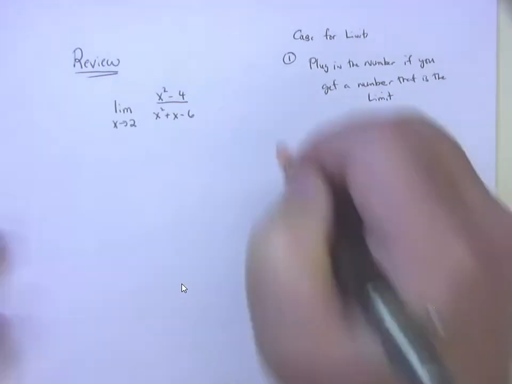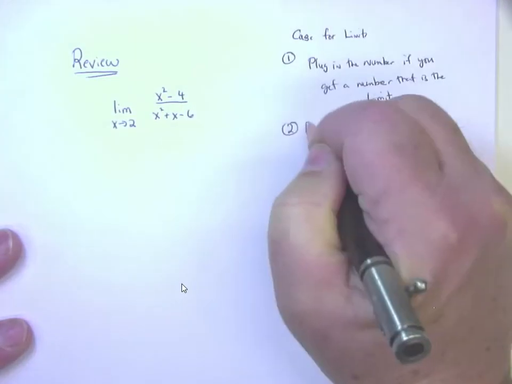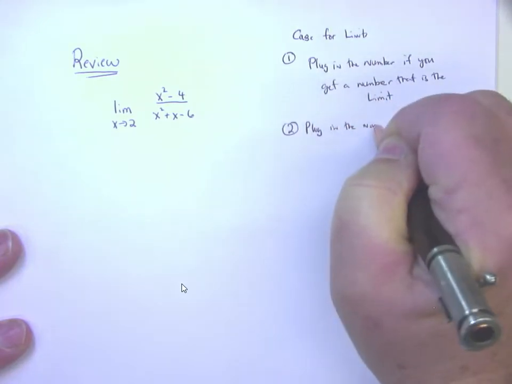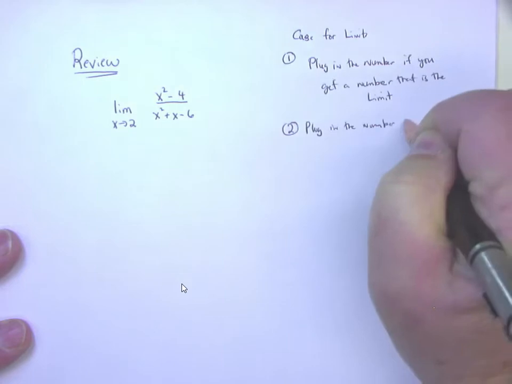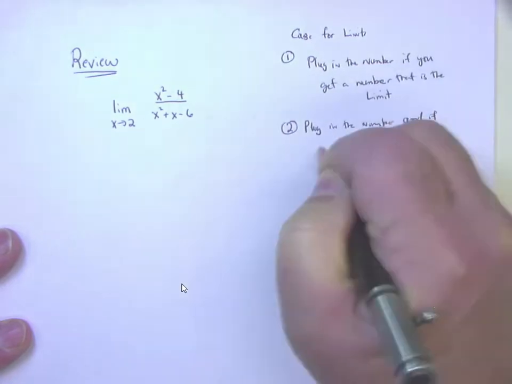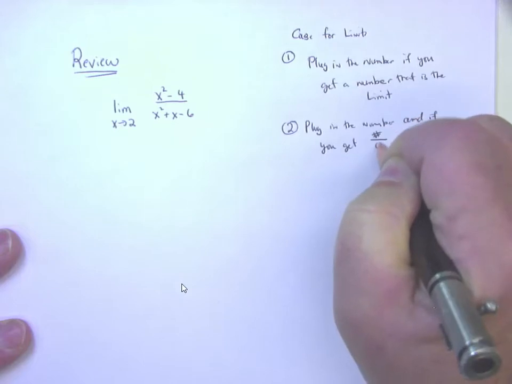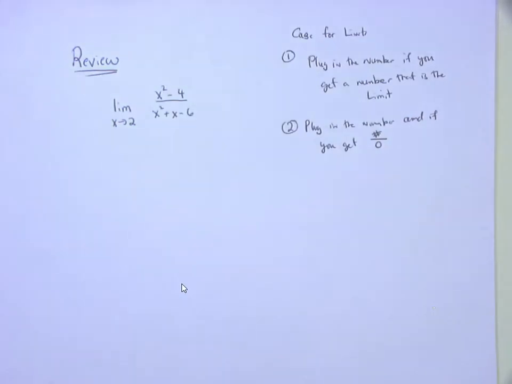Case number 2. Plug in a number, and if you get a number divided by 0, like 5 divided by 0, you can't divide by 0 because it violates the rules of mathematics.